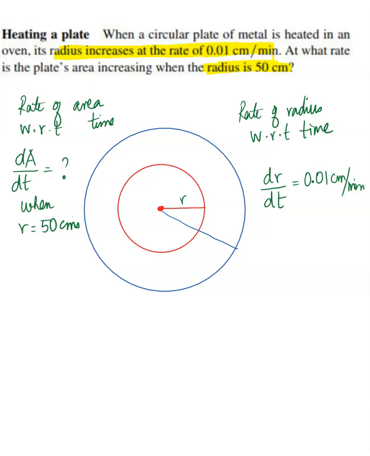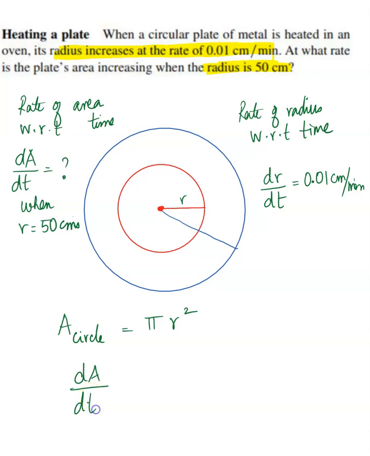Now the big deal is, they're talking about area, they're talking about radius. Is there something that connects these two? Absolutely. That's the formula for area of a circle. Area of a circle is pi r squared, as simple as that. And then we just have to take the derivative. We have only two variables, so all good here. No worries like the previous problem, where we had to use similar triangles to get to the other one.